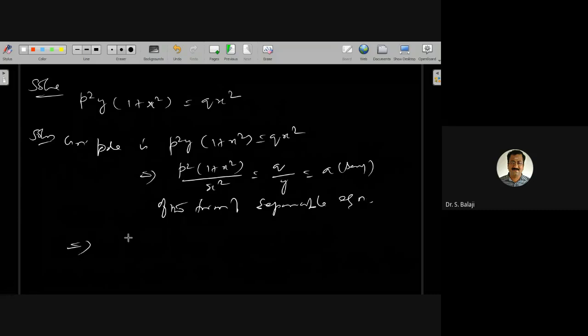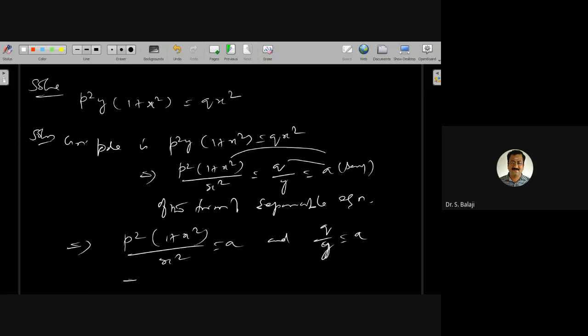In this you equate these two: p square into 1 plus x square by x square equal to a, and q by y equal to a. From this you have to identify what is p and what is q. P square equal to a x square by 1 plus x square, and q is equal to a y.